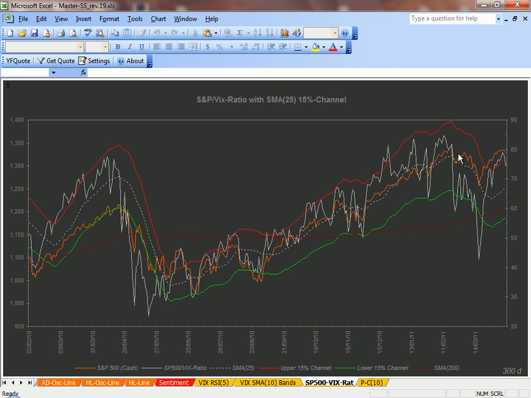Spike below it, you got a little bounce there. Below it here, we got a little bounce here on the S&P in red. And down below it here was at the low, V bottom. Now it's come up almost to the top of its 15% band and has turned down. It should attempt to come down to the moving average, the center point, revert to the mean. Bigger picture there.